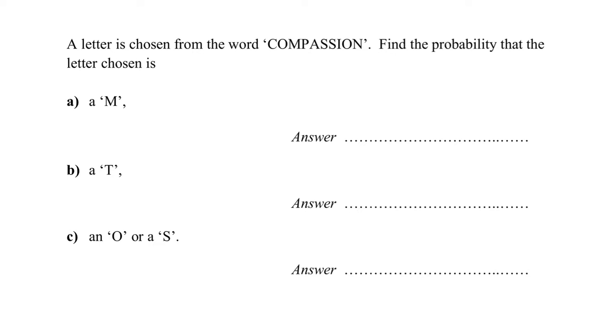The very first thing that Mr. Tan would do is to count what is the total number of letters. Okay, so there'll be 1, 2, 3, 4, 5, 6, 7, 8, 9, 10.